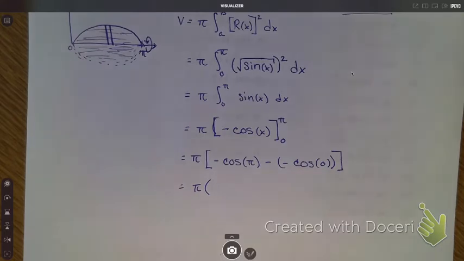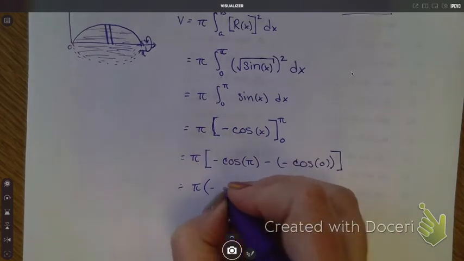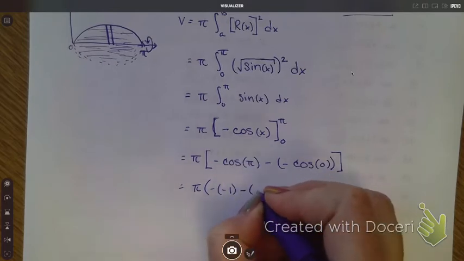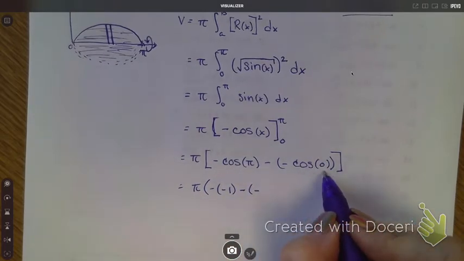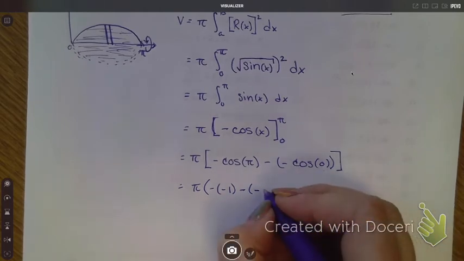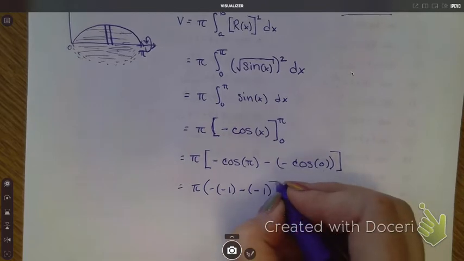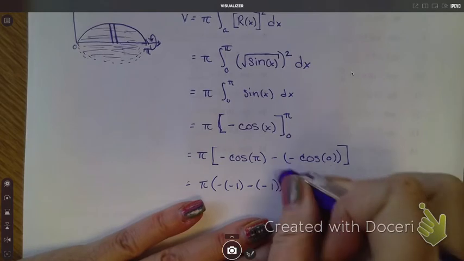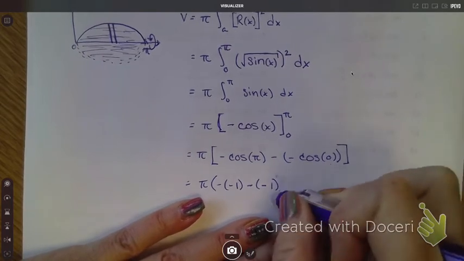So the cosine at pi is negative 1. So negative 1 minus negative, what is the cosine at 0? 1. So I basically get 1 plus 1, don't I? Which is 2.